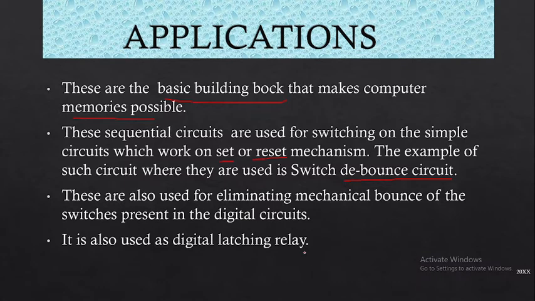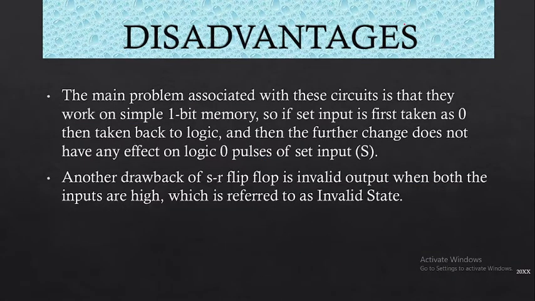Now let's move forward to disadvantages. The main problem associated with these circuits is that they work on a simple 1-bit memory. If the set input is first taken as 0, then taken back to logic 1, the further change does not have any effect on the logic 0 pulses of the set input. Second, another drawback of the SR flip-flop is the invalid output, referred to as the invalid state.